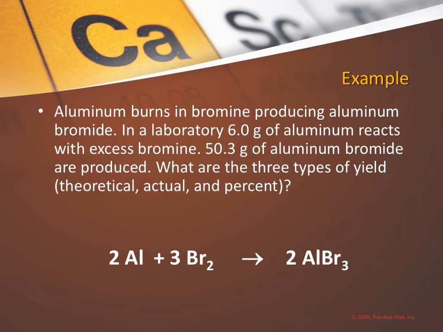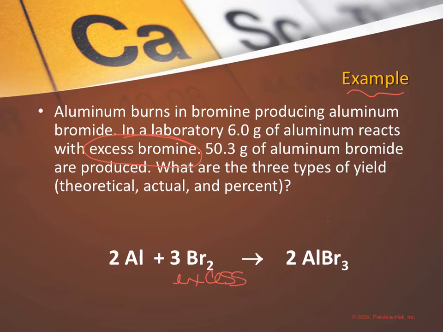Here's a relatively simple example to get mainly the concept of yield across. In this case, we do have a limiting reactant, but it's not anything we have to work into our calculation. And that's because it makes it very clear what the excess reactant is. It says bromine is in excess.